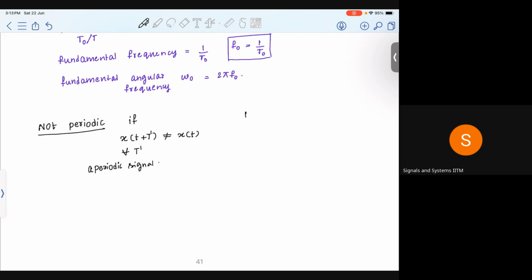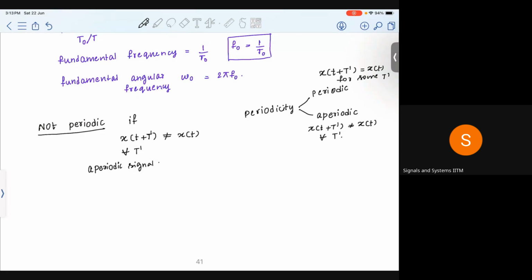So periodicity has two types of signal. One is the periodic signal and the other is the aperiodic signal. So x of t plus T prime is equal to x of t for some T prime. The complement of that is aperiodic. What is the complement? x of t plus T prime is not equal to x of t for all values of T prime.